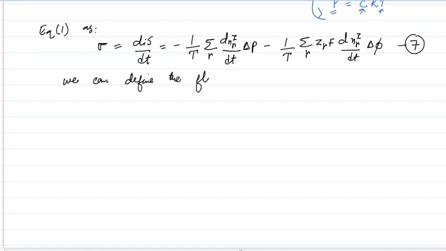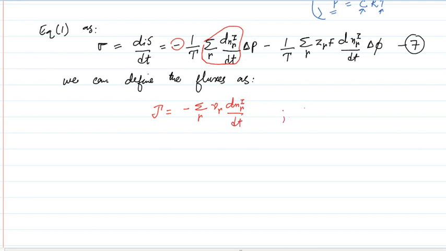From equation 7 we can take this negative and the summation of this much, equal to simply J. That means we can write J as simply equal to minus summation over gamma of mu gamma dn gamma 1 upon dt.